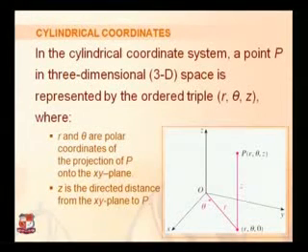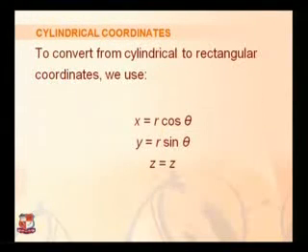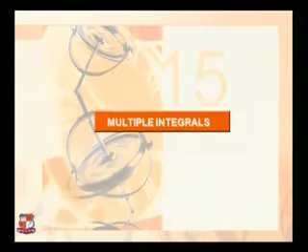Z is as it is, so we are just changing x and y into r and theta, so the Jacobian will be the same as polar coordinates. Here x is equal to r cos theta, y is equal to r sin theta, and z is equal to z.